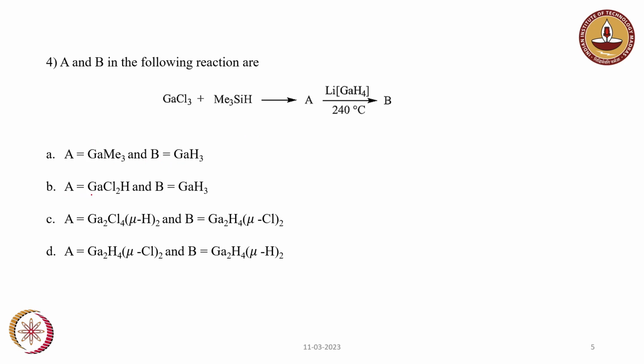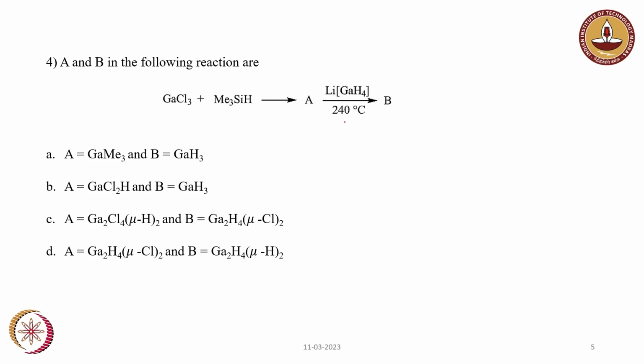B is A equal to GaCl2H, and B is GaH3. C is A equal to Ga2Cl4 mu H2, and B equal to Ga2H4 mu Cl2. And option D is A equal to Ga2H4 mu Cl twice, and B equal to Ga2H4 mu H twice.